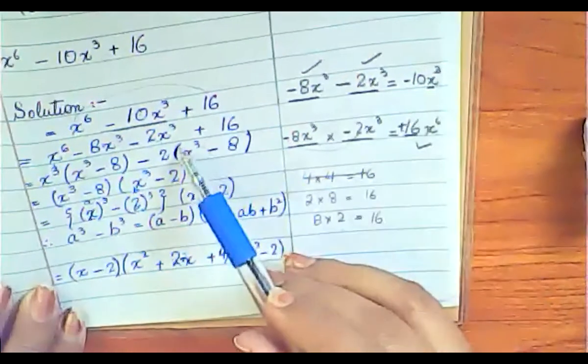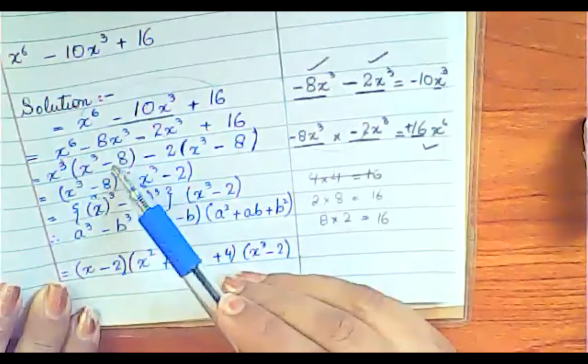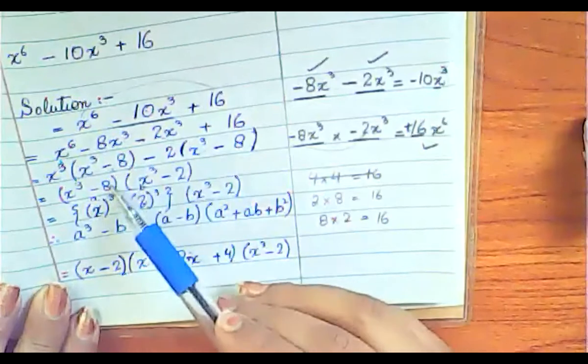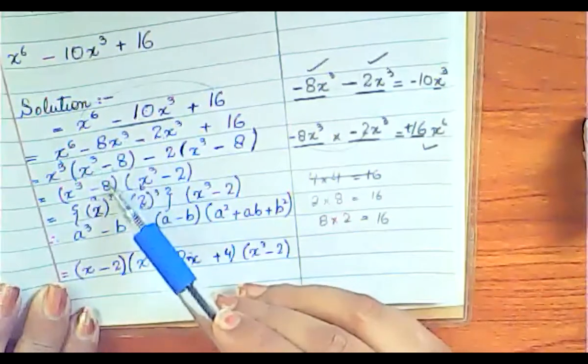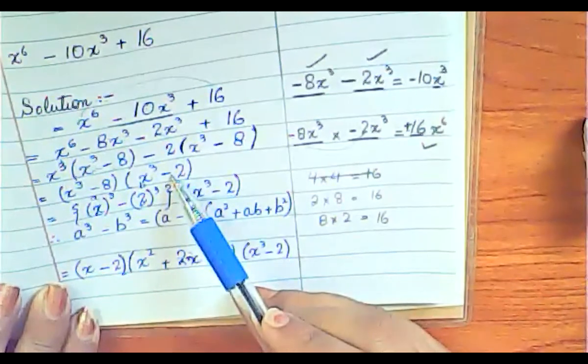After deciding it, you will take the common. Then you will also take the common x cube minus 8, and what will be left? x cube minus 2.